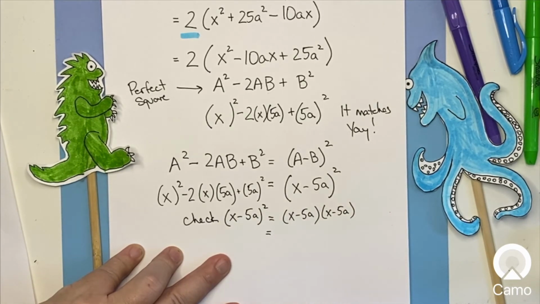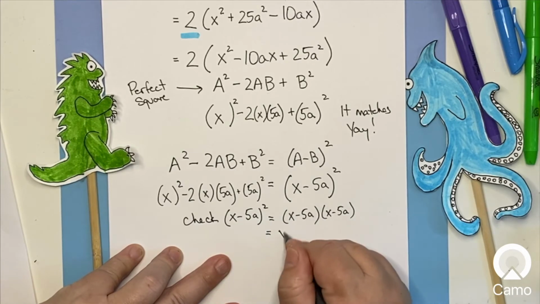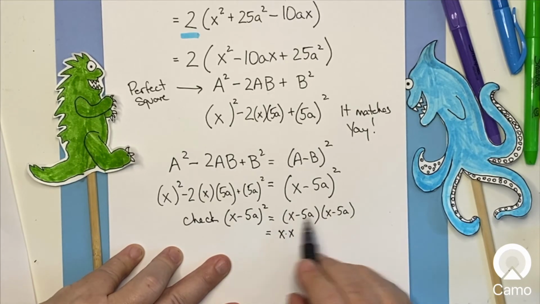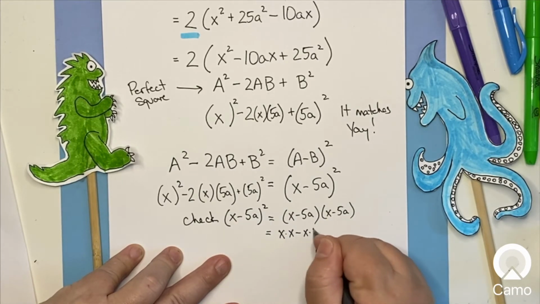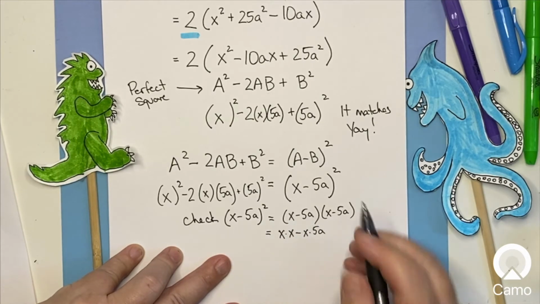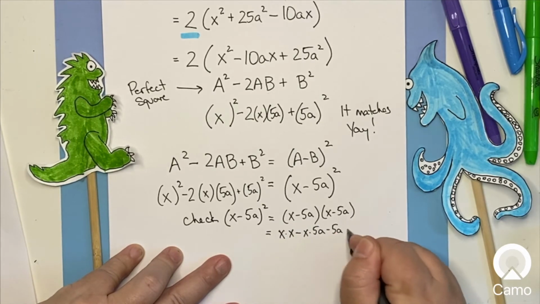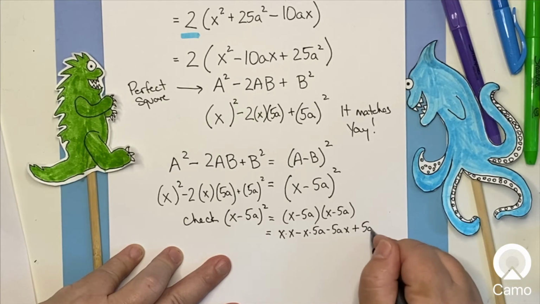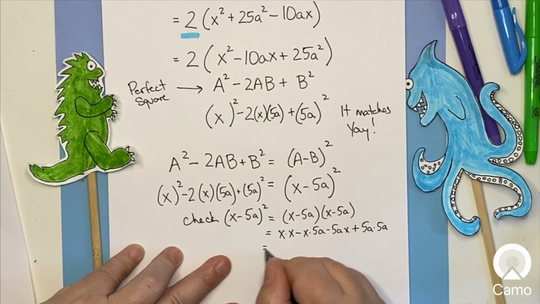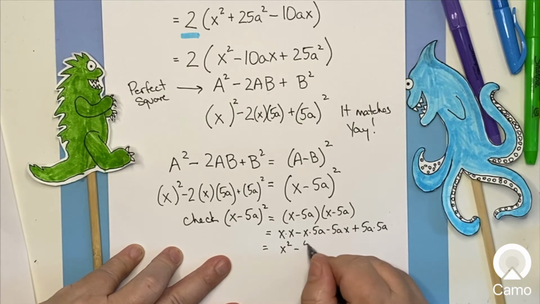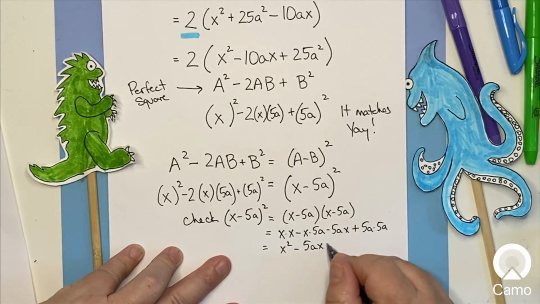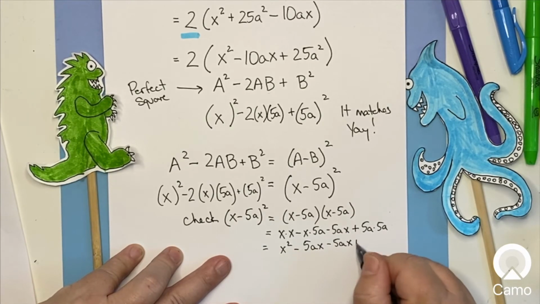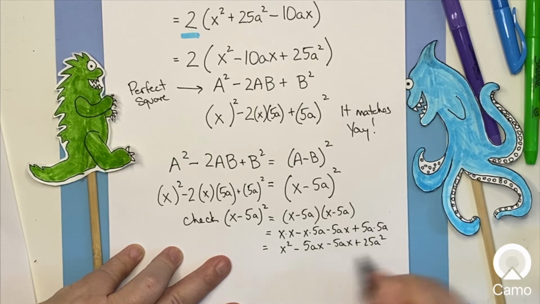I can use FOIL. First is going to be x times x. Outer, x times negative 5a. Inner, negative 5a times x. And then last is going to be positive 5a times 5a. So this is x squared minus 5ax minus 5ax plus 25a squared.